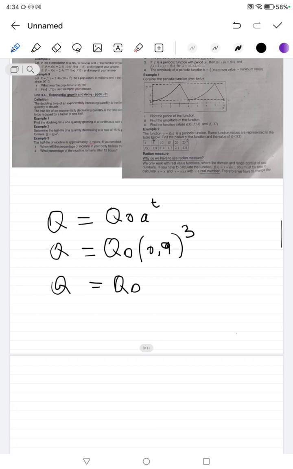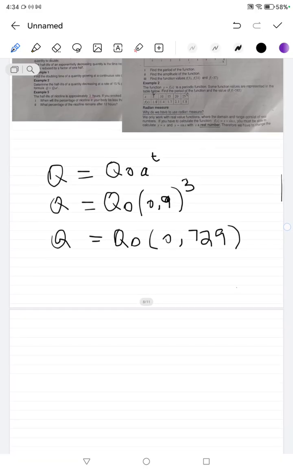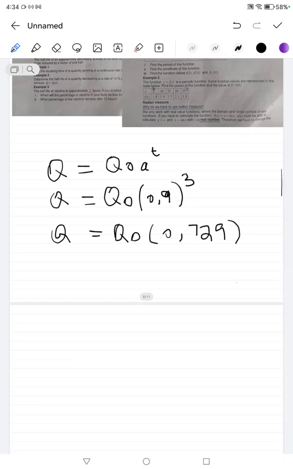Let's do it fast, guys. The answer is 0.729.